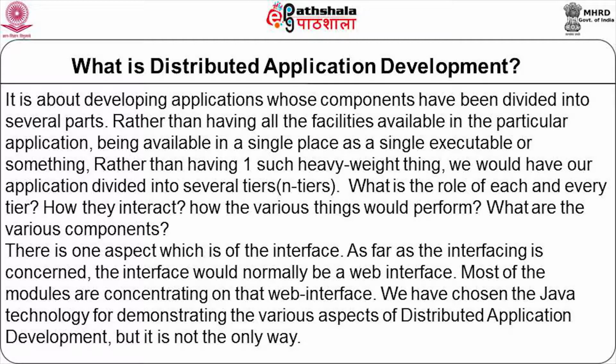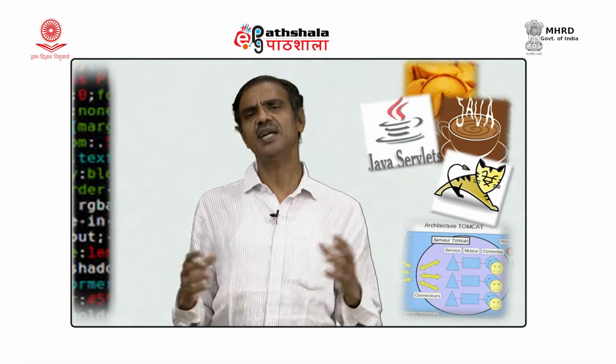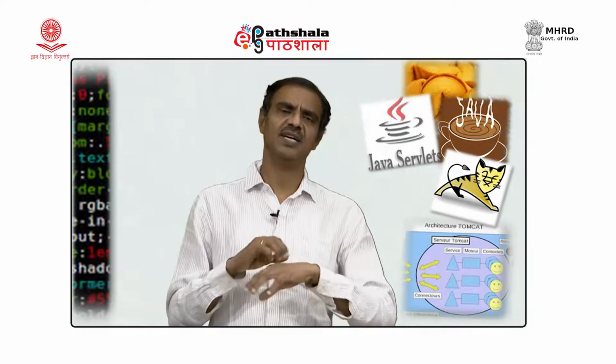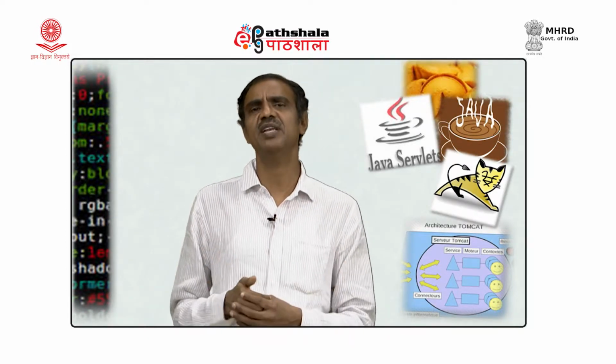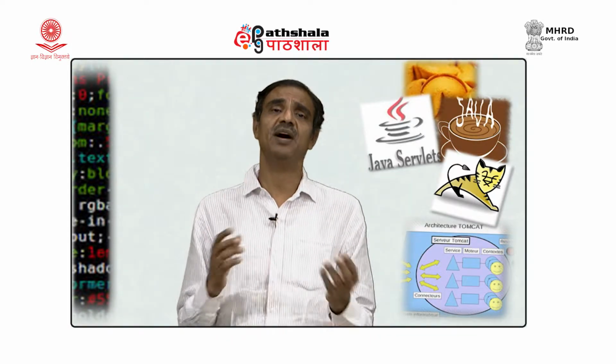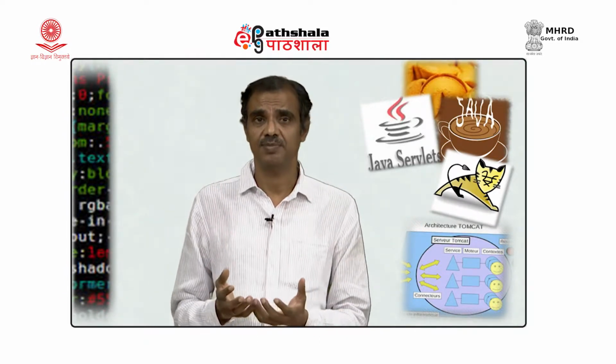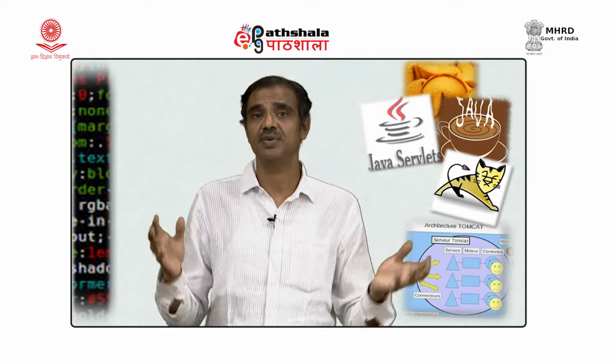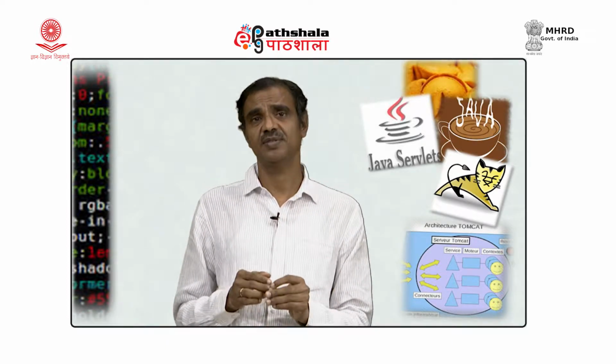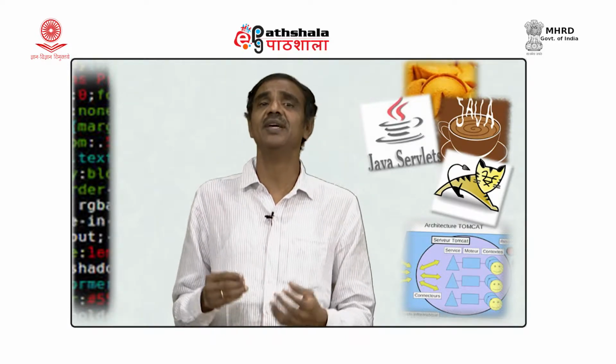When someone says distributed application development, it is actually about applications whose components have been divided into several parts. Rather than having the entire responsibility and all the facilities of a particular application available in one single place as a single executable, rather than having one heavyweight thing, we would have our application divided into several tiers.